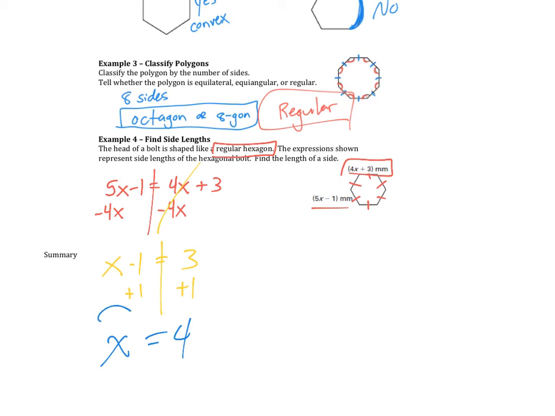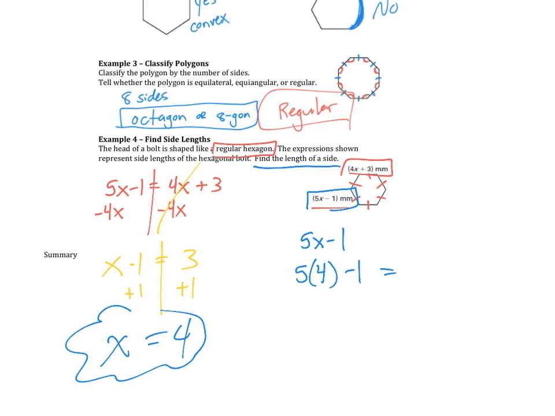So if x is 4, and we want to find the length of a side, pick one of the sides, the 5x minus 1. And you have to put 4 in for x. So 5 times 4 minus 1 is 20 minus 1, which is 19 millimeters. And that's all we got for section 1.6.